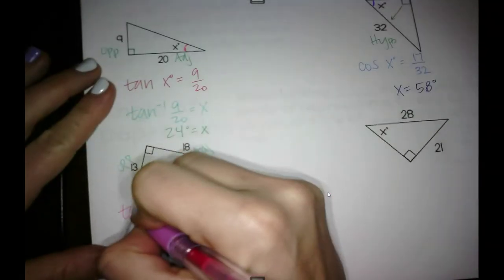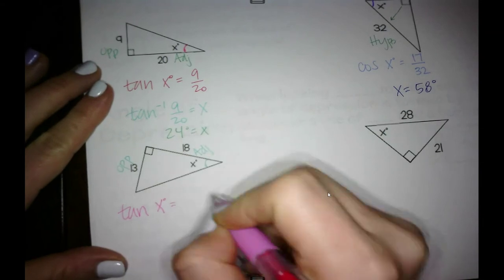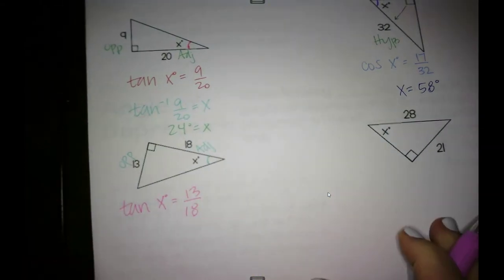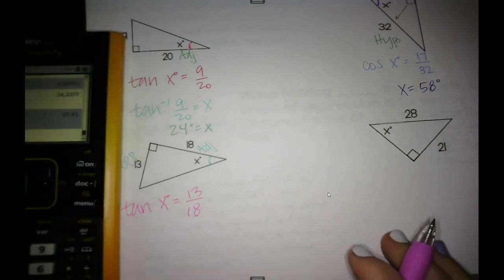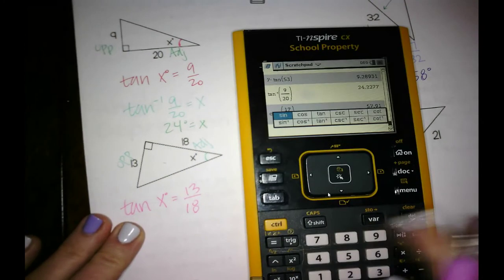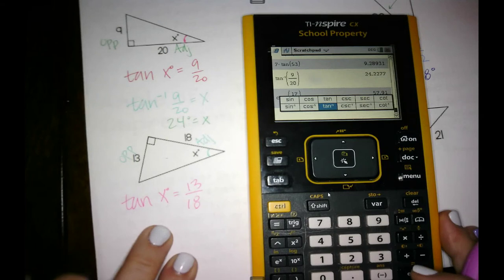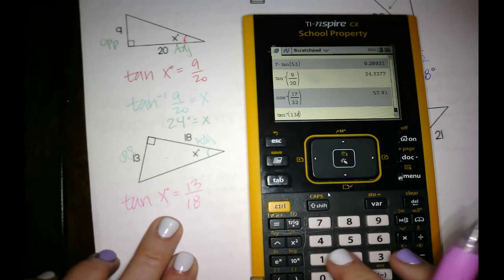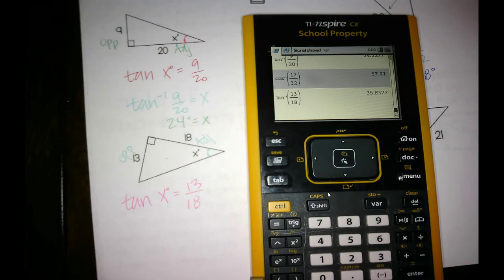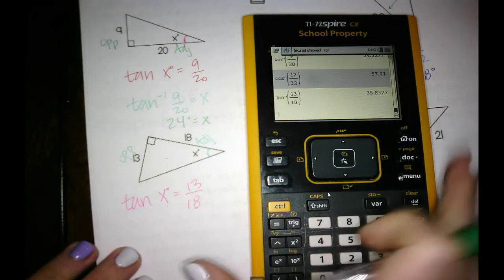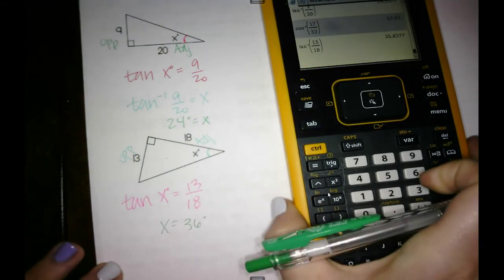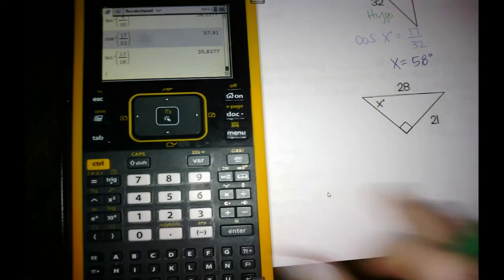So we have tangent some angle equals opposite over adjacent, TOA. So tangent inverse 13 divided by 18. That angle is 36 degrees.